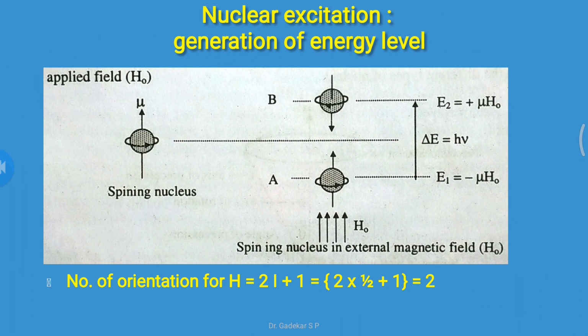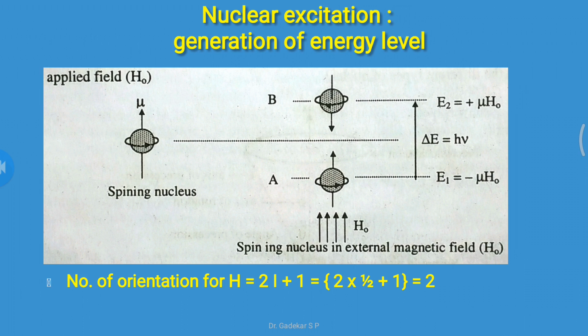Suppose this is the nucleus, and these nuclei are placed in an external magnetic field with electromagnetic radiation, to generate two states A and B. A is E1 and B is E2, from lower energy to higher energy.